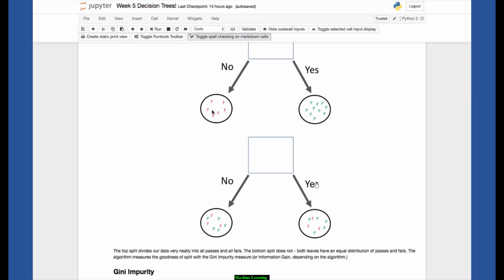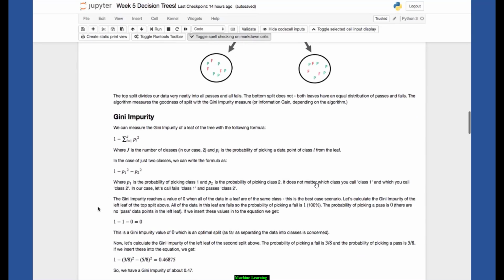We'd say, okay, so what is the probability of picking a fail? Well, it's 100% because these are all fails. What's the probability of picking a pass? 0, because there are none. So if we go down here and put that in the equation, we say 1 minus the probability of picking a fail squared, which is just 1, because the probability is 100%, and 1 squared is just 1.